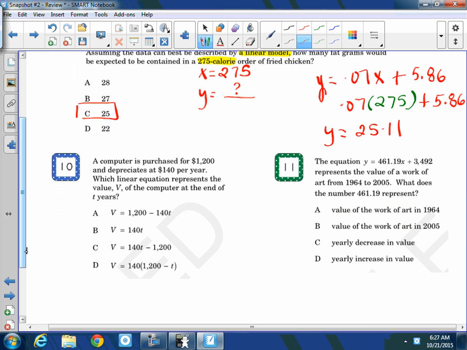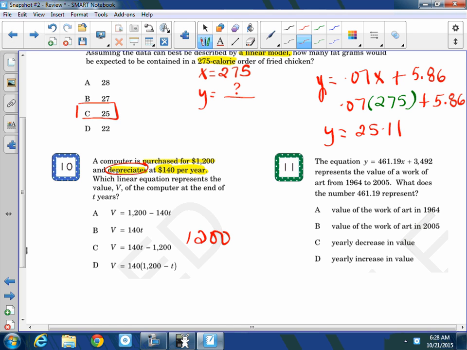All right, let's go to the next one. A computer is purchased for $1,200 and depreciates at 140 per year. Which linear equation represents the value Y of the computer at the end of the 2 years? You always start with your starting point. It was $1,200 when you first bought it.